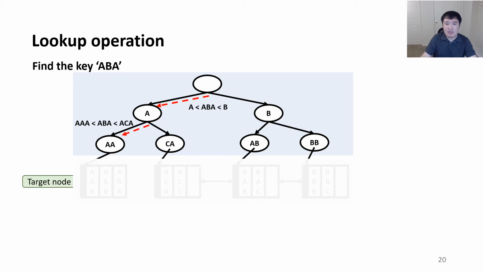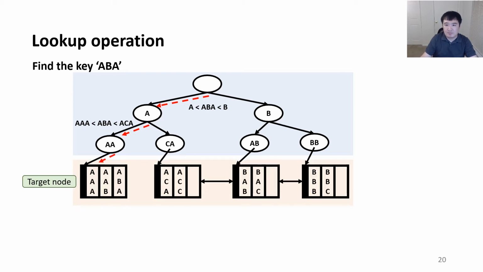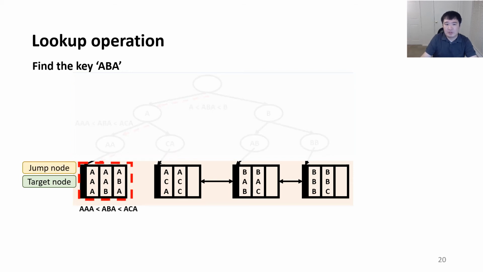Key ABA is in between key AA and key ATA, so the reader arrives at the first leaf node. We call this leaf node the jump node. In this case, the jump node and the target node are the same, so the lookup operation is successfully done.